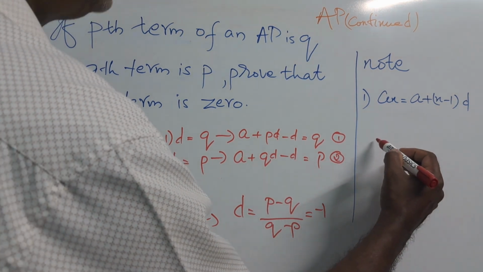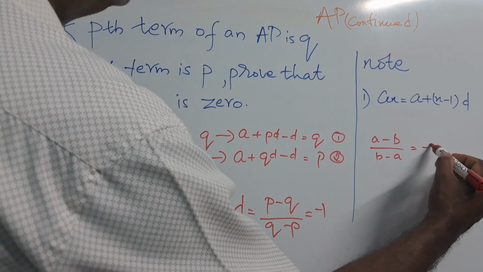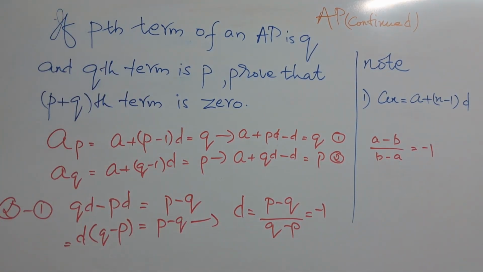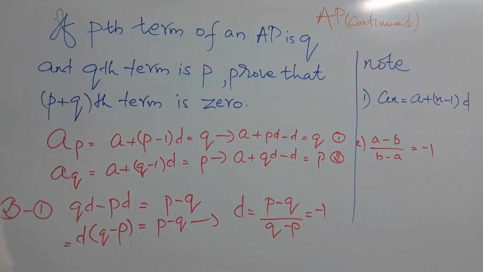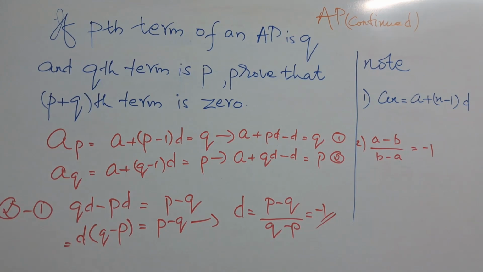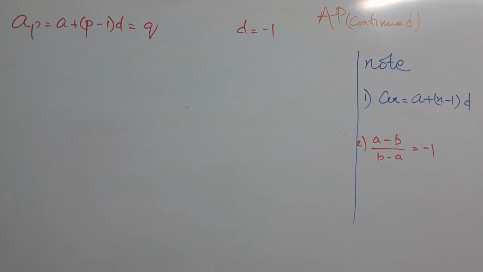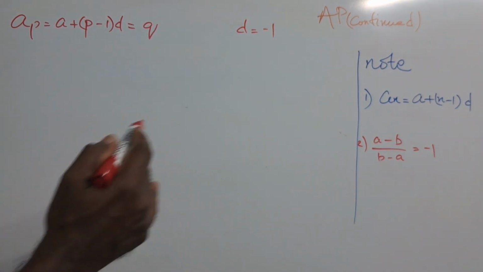Please note, (A minus B) by (B minus A) is equal to minus 1. Now we have the common difference D as minus 1, and we need to apply this value in any one of the equations that we obtained earlier.